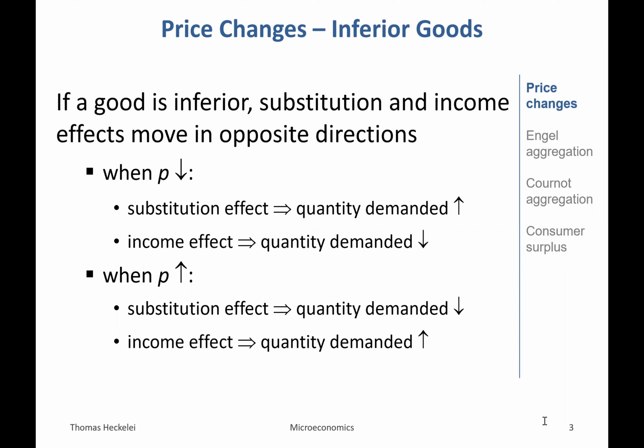Now let's see how it works for inferior goods. So what are inferior goods? Those are goods where, on a certain range of income, when income increases, you consume that good less. So the quantity decreases. And vice versa, when you have less money to spend, or your income decreases, then the quantity increases.